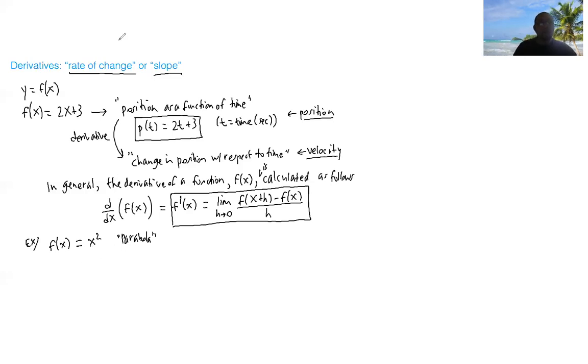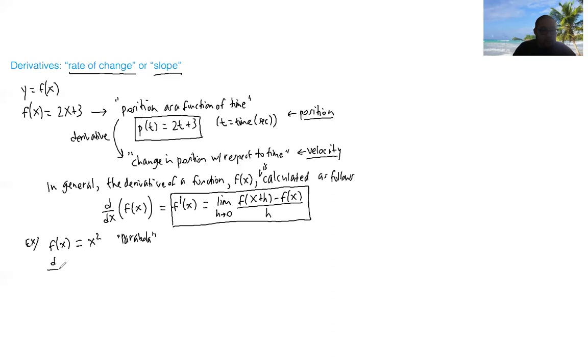Cool thing is, we've been talking about derivatives in terms of rate of change. When you take the derivative, this is also a way of calculating your slope, because slope is the rate of change of this function, okay?